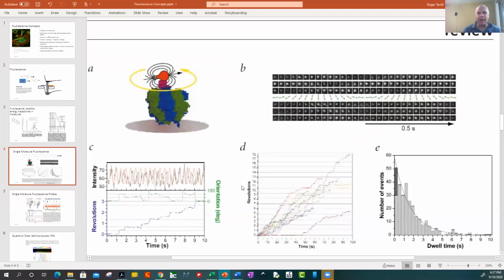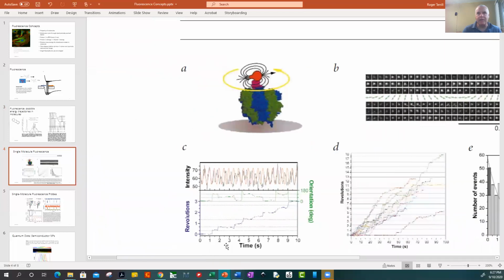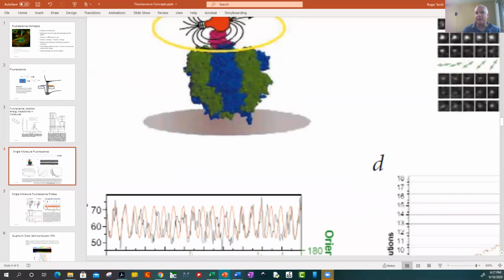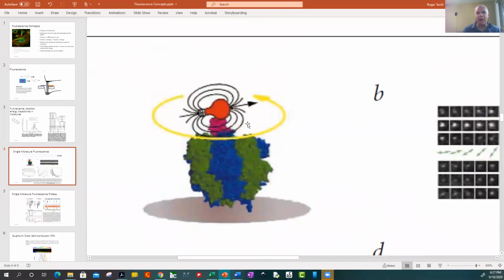And it's of a molecular motor that is in some critter, right? It's probably in some membrane, right? And this molecular motor, what they did was they coupled a fluorescent molecule to the part of it that rotates, right?